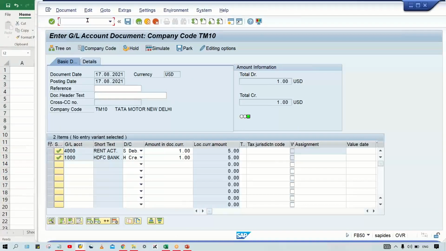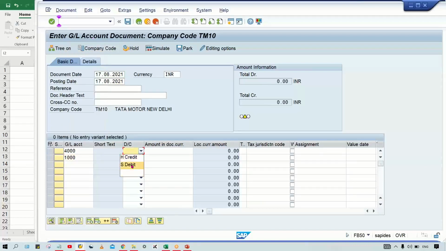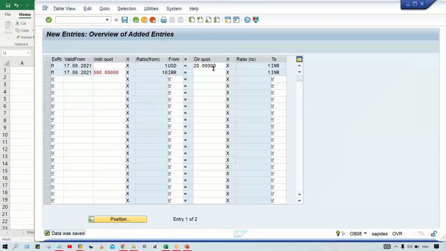Now, let me check it. Right? Now, in the other way, if the same price we are going to maintain under indirect quotation, it means 1 unit of local currency, one INR, equals how many USD, guys?